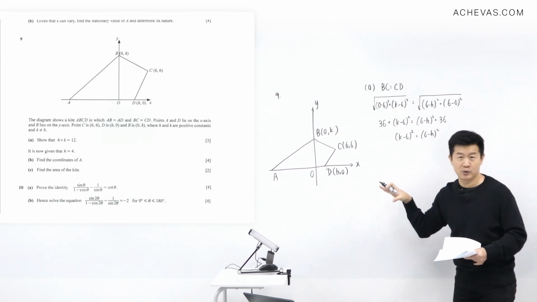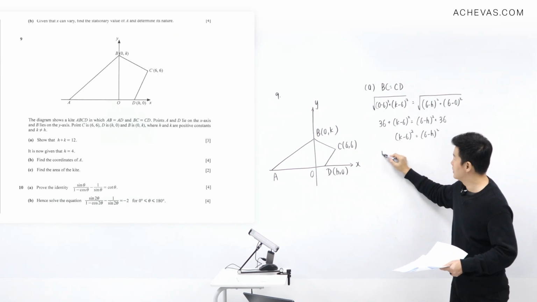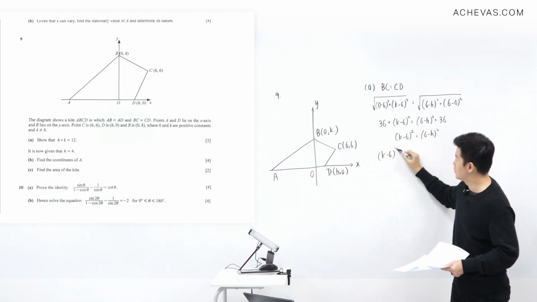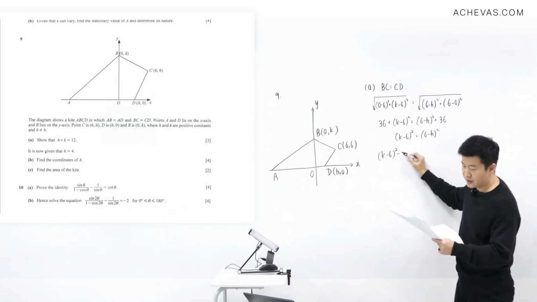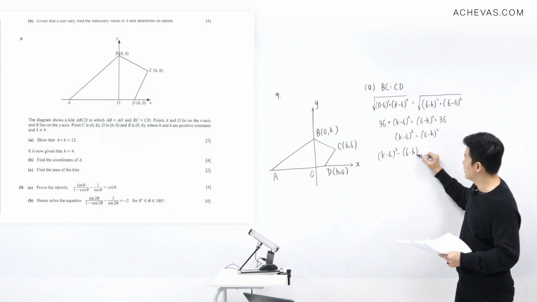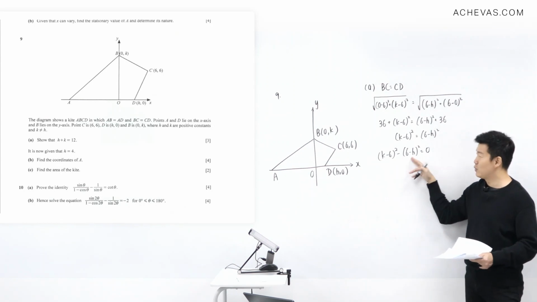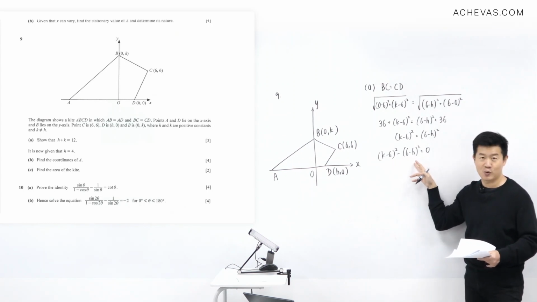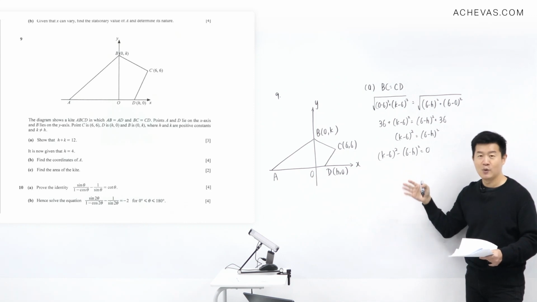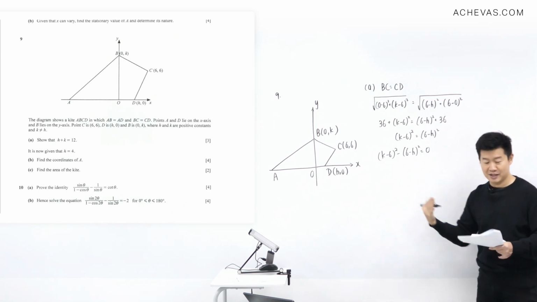I'm going to bring all to the left-hand side, which will then give me (k minus 6) squared minus (6 minus h) squared is equal to 0. And the reason why I am doing this is because now we have an a squared minus b squared expression on the left-hand side, which will become (a plus b)(a minus b), correct?